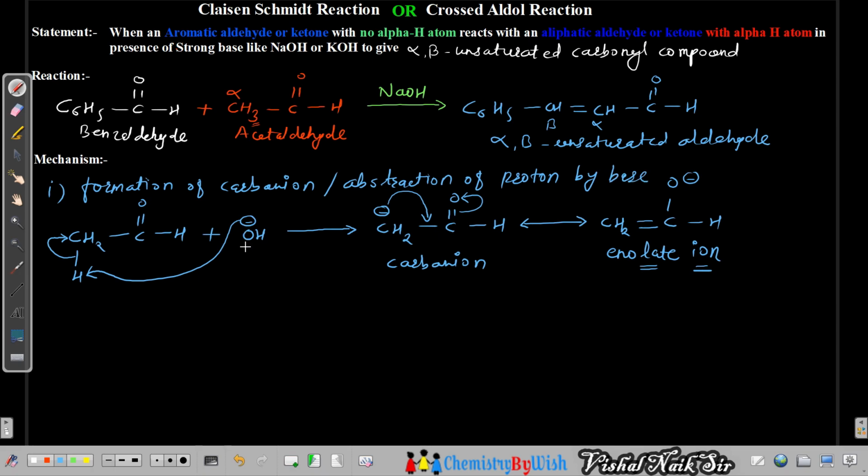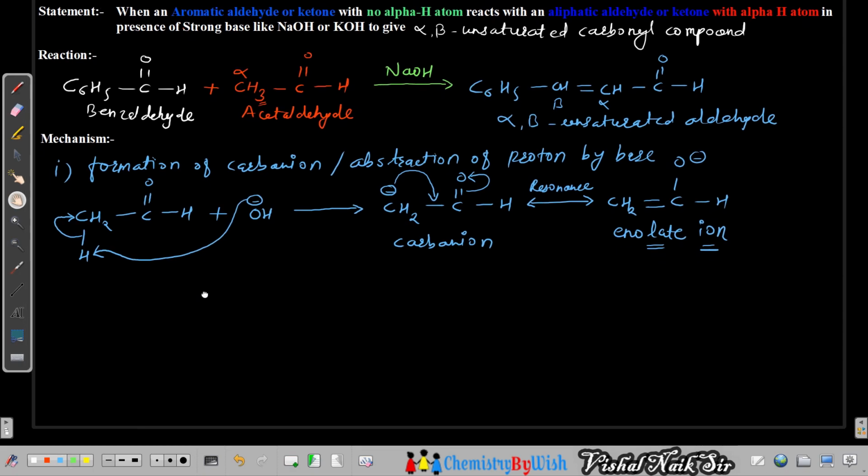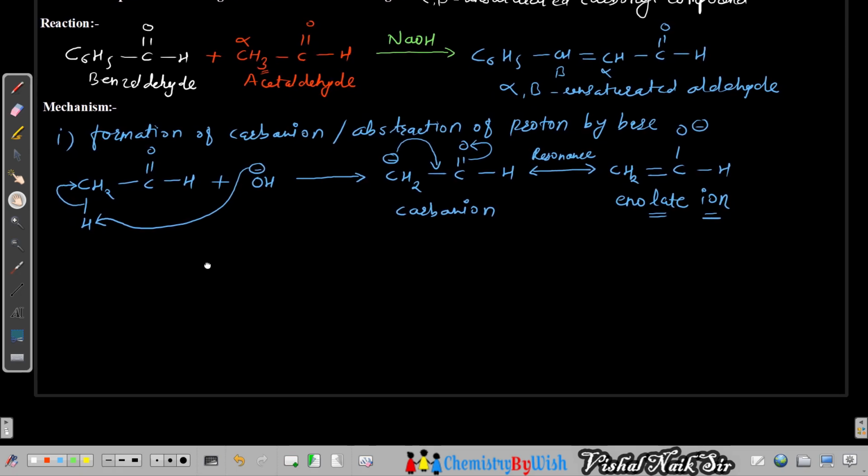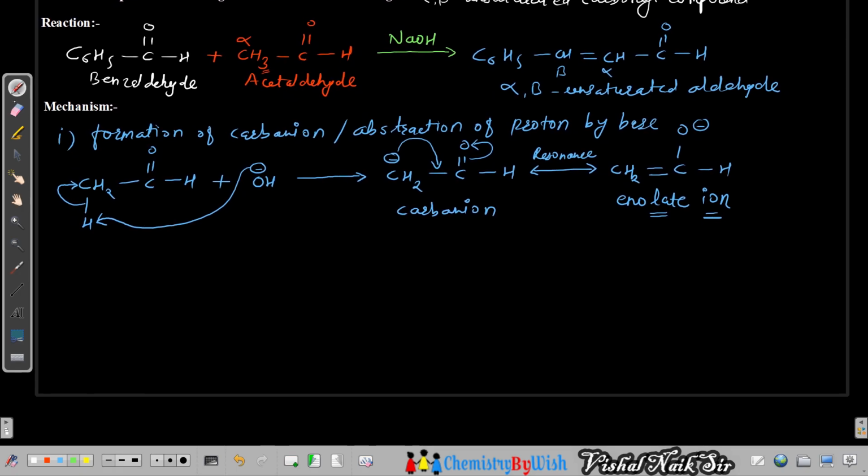So first step में क्या रहता है, this base, the OH minus ion, abstracts this H plus ion and this bond migrates towards this carbon and this carbon gets converted into a carbanion. ये carbanion जो है ये resonance stabilize होता है by converting itself into an enolate ion. So this is the first step of cross aldol condensation reaction, same as aldol condensation reaction.